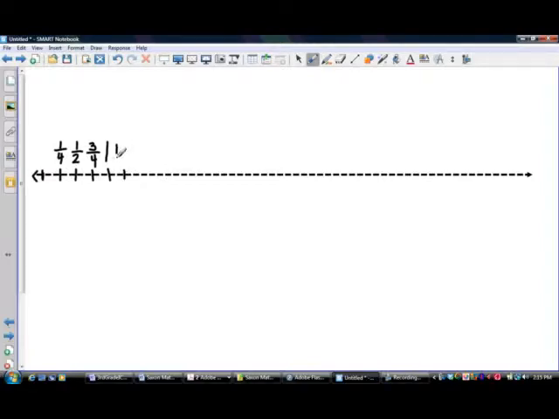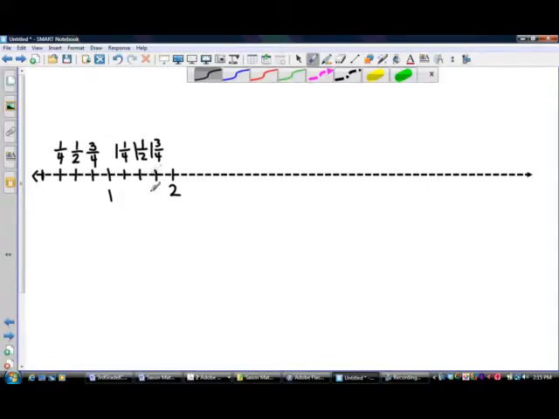Okay, now I've got 1 1/4, 1 1/2, 1 3/4. I'm going to start putting my whole numbers down here, just so that you can see what that looks like a little bit better without being squished.